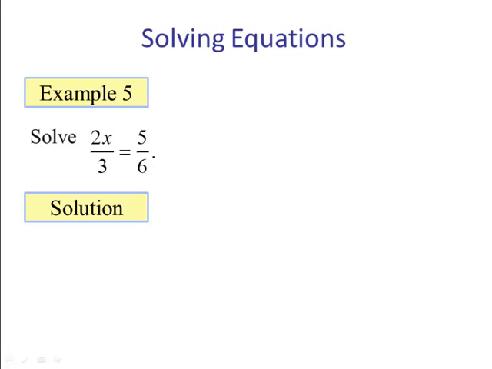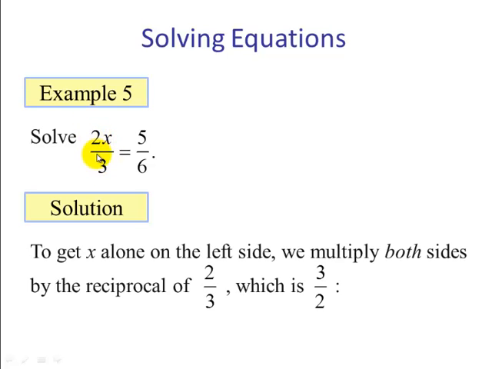Example number 5, we have 2x divided by 3 equals 5/6. We need to get rid of the 2, we need to get rid of the 3. So we can think of 2x divided by 3 as the same thing as 2/3 times x. One way of eliminating 2/3 is to multiply by the reciprocal, 3 over 2.